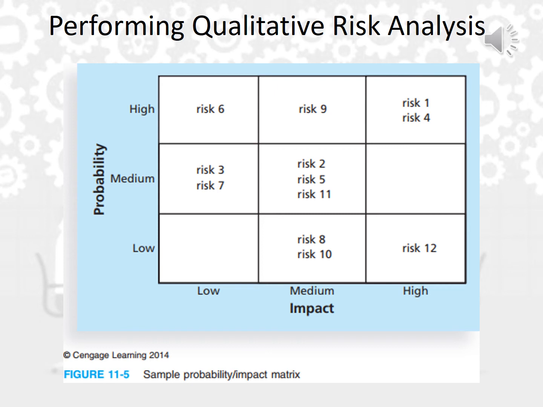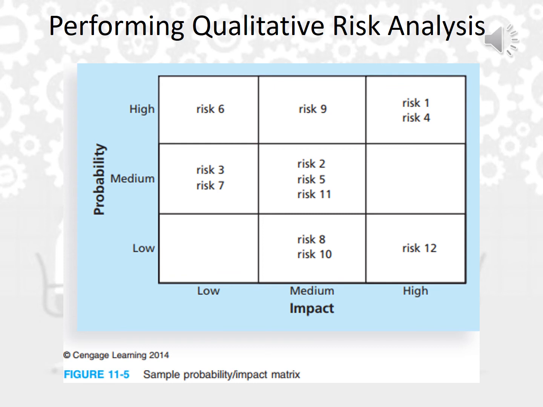For instance, we have about 12 risks here distributed in this matrix between the probability and impact factors, or axes. As you can see, if we go through risk 1 and risk 4, they are high in probability as well as in impact.